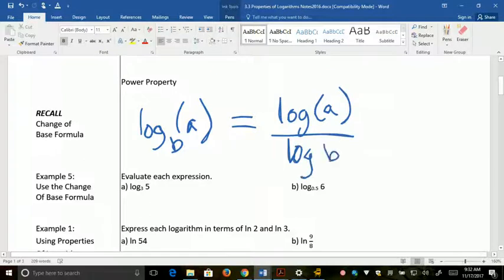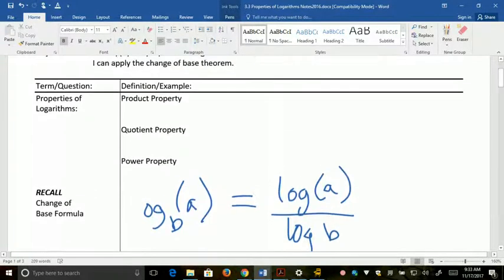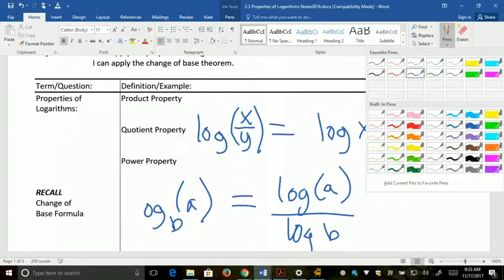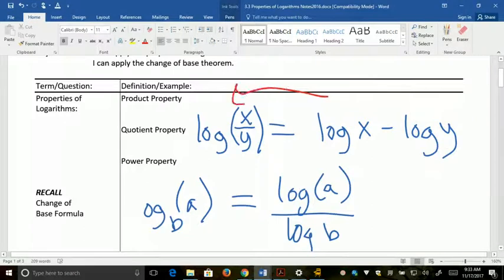It changes the base so they both have the same base. The quotient rule says that if we have some factors in the numerator and some factors in the denominator, we can separate them through their own logarithms with subtraction. So when we're condensing, we're working this direction. We should only have one logarithm, and the division should happen inside the logarithm.